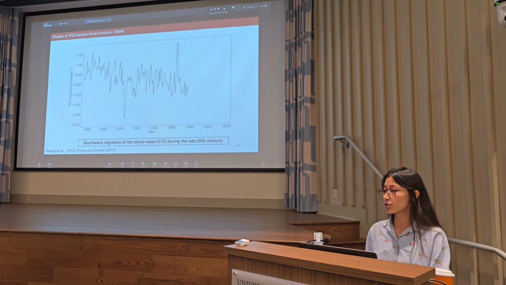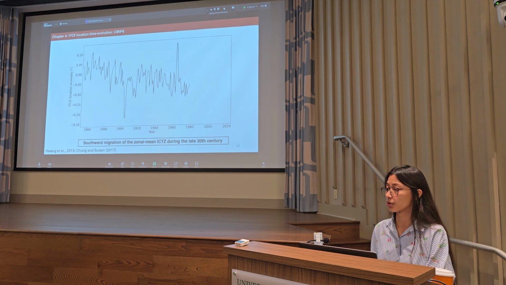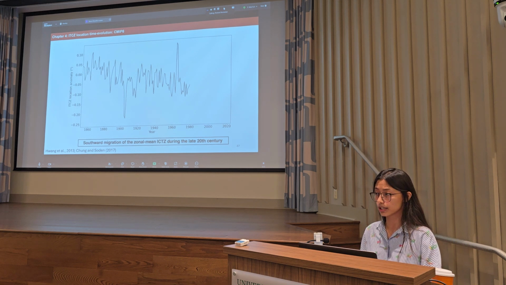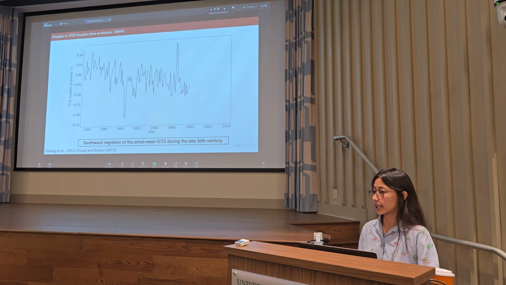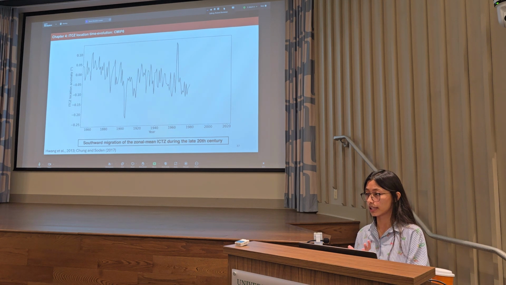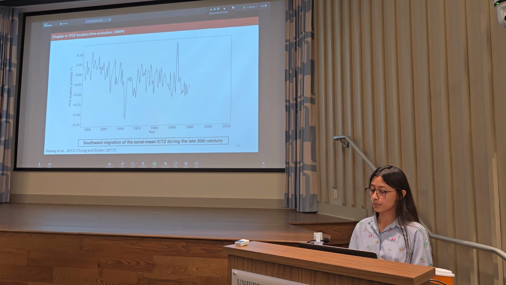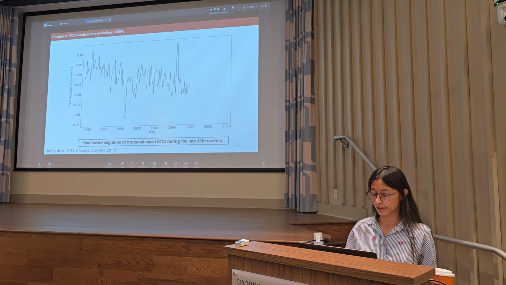And the southward shift has also been seen in observations as shown by Wang et al. 2013, and as explained in Chung and Soden in 2017, the southward shift can be explained by the indirect anthropogenic aerosol effects, which for this period of late 20th century is marked by increasing anthropogenic aerosols in the northern mid-latitudes where anthropogenic activities are more prominent, which relatively cools the northern hemisphere and, according to the energetic schematic, pushes the ITCZ further into the southern hemisphere.